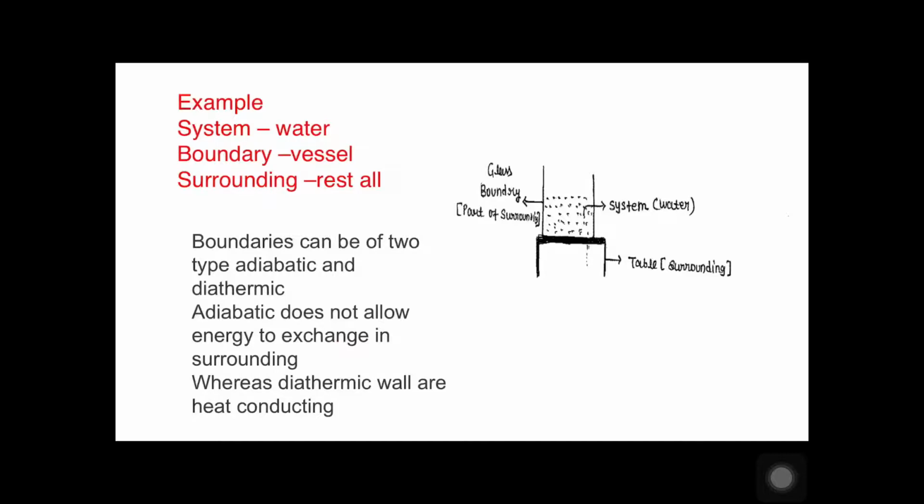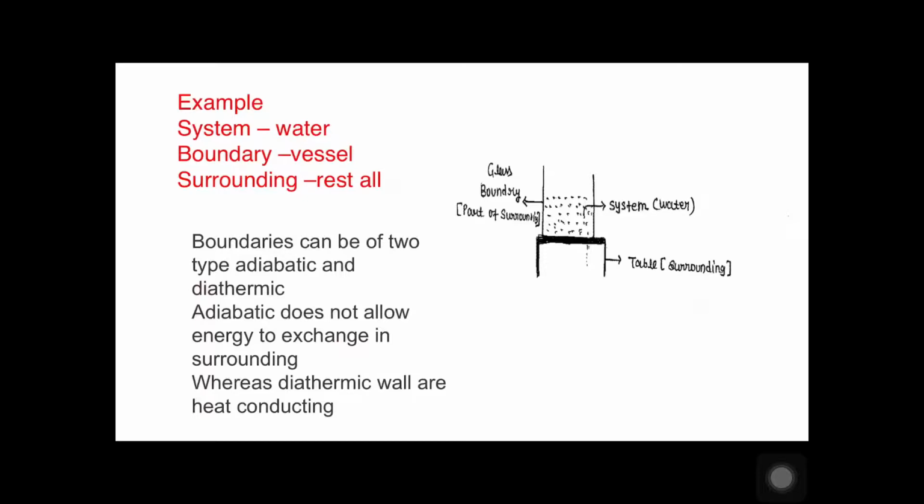Water is the system, the vessel is the boundary, and the rest of all including the table is called surrounding. Now if in place of the table, a burner is placed, heat from the burner will be transferred to the system.